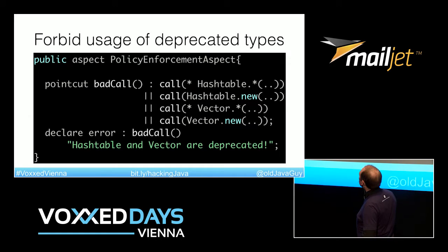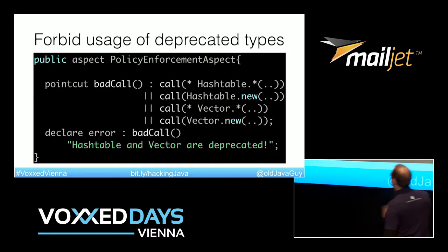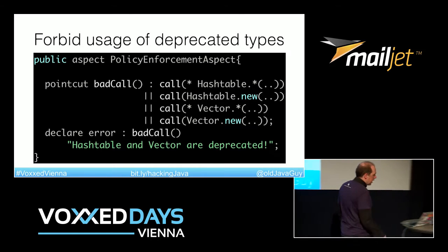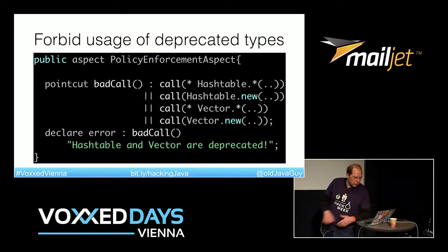So what you would do here is just use the AspectJ compiler either in addition to the Java compiler or instead of the Java compiler, and it would throw a compile time error if either of these classes is used.